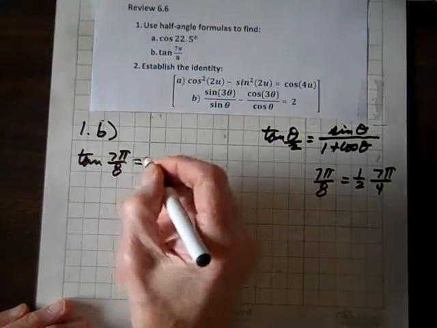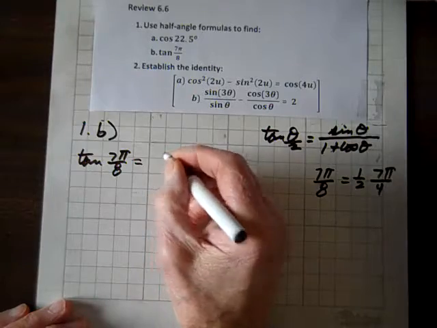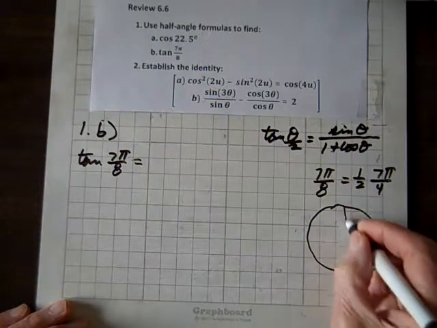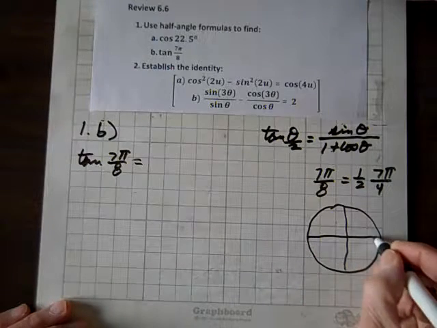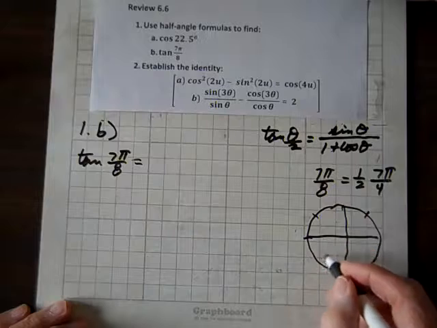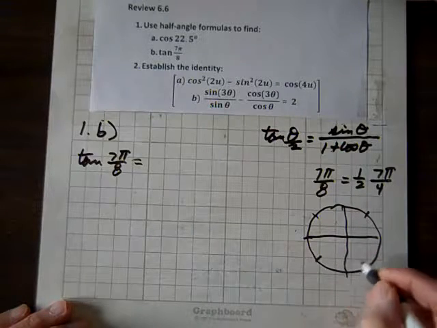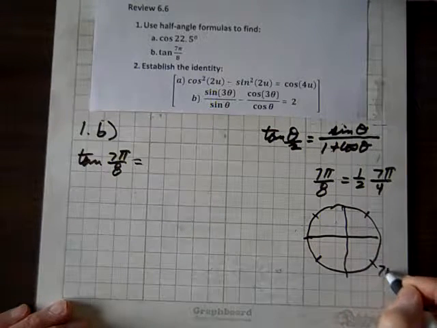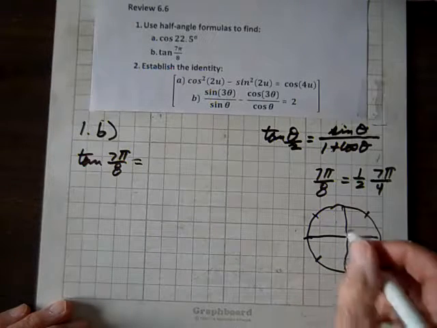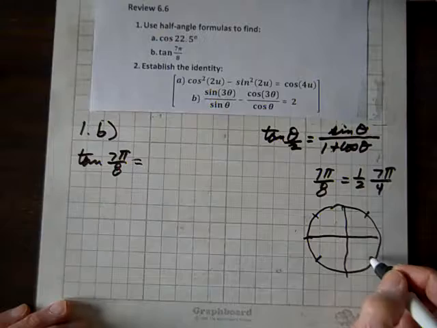So this equals the sine, and by the way, 7 pi over 4, let's locate that. There's pi over 4, 2 pi over 4, 3 pi over 4, 4 pi over 4, 5 pi over 4, 6 pi over 4, 7 pi over 4 right there. So it's in the fourth quadrant.